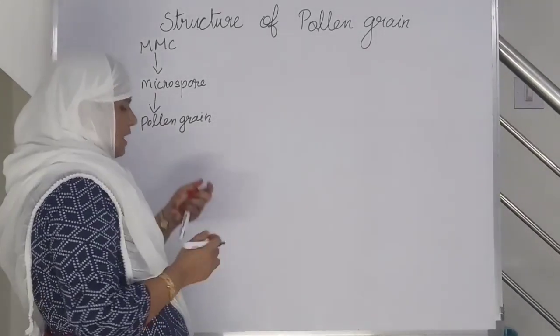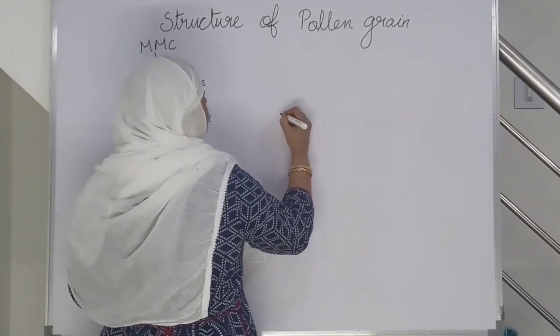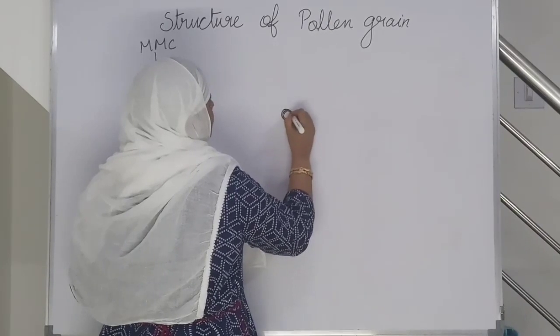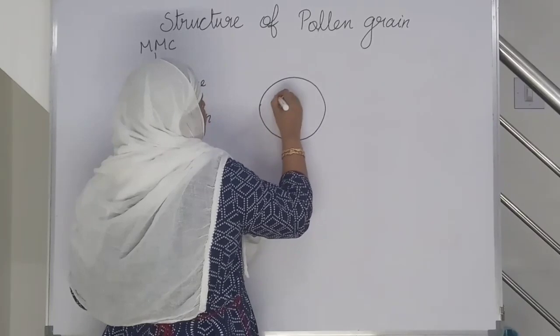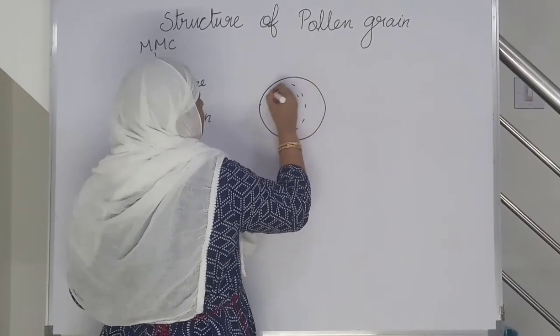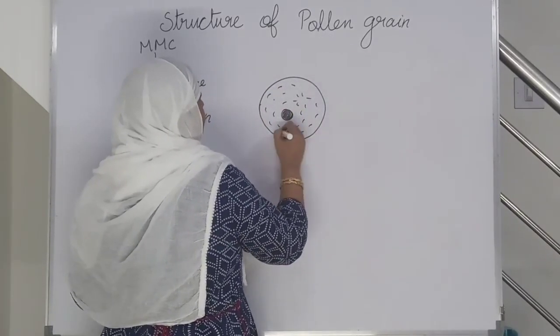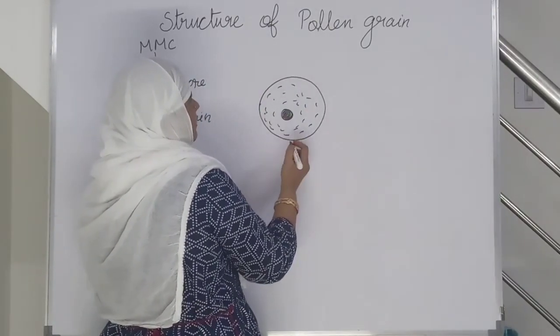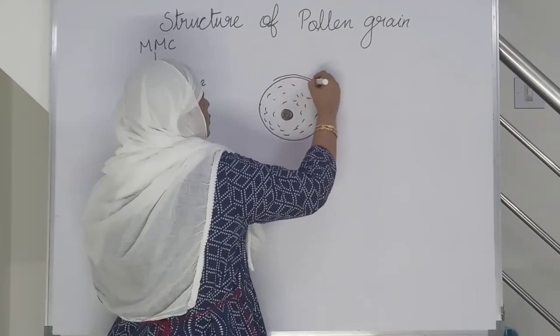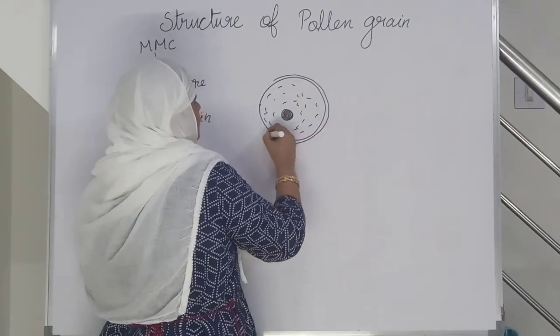Now we will see the structure of pollen grain. The pollen grain consists of a nucleus surrounded by cytoplasm, and the wall of the pollen grain is differentiated into two layers.